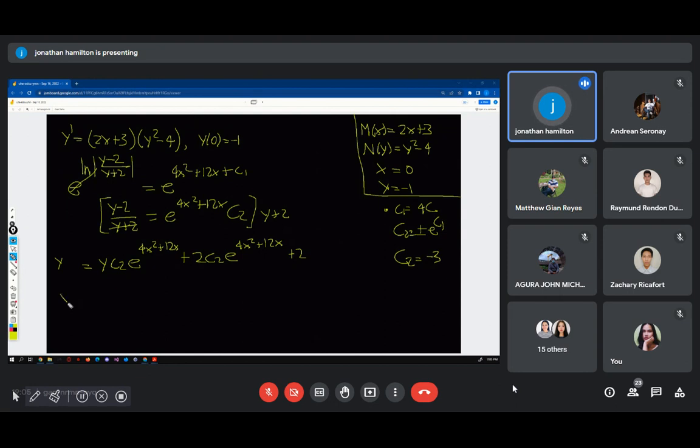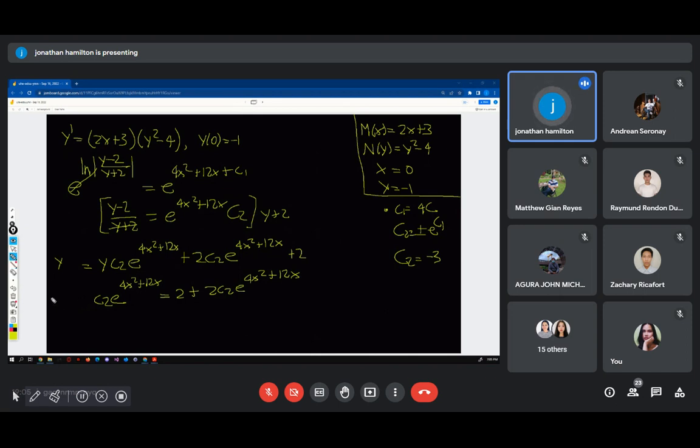So transpose natin sa pikas, we could say this is y minus yc2e raised to 4x squared plus 12x is equal to 2 plus 2c2e raised to 4x squared plus 12x. Now, kani, we could also say na we can remove the y and put it outside the equation.